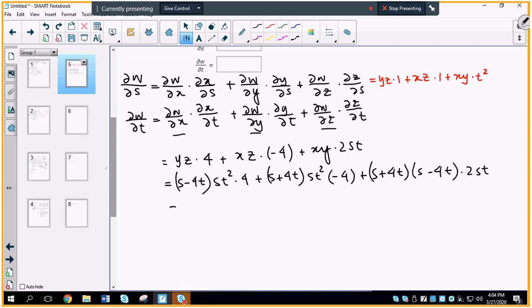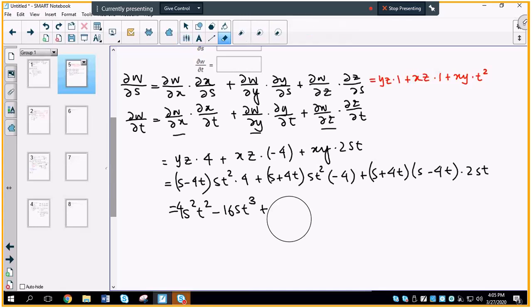So again, distribute, you get S squared T squared minus 4 S squared T squared minus 16 S T cubed plus S squared T squared, and this time they are going to be minuses, so we'll say minus 4 S squared T squared minus 16 S T cubed.